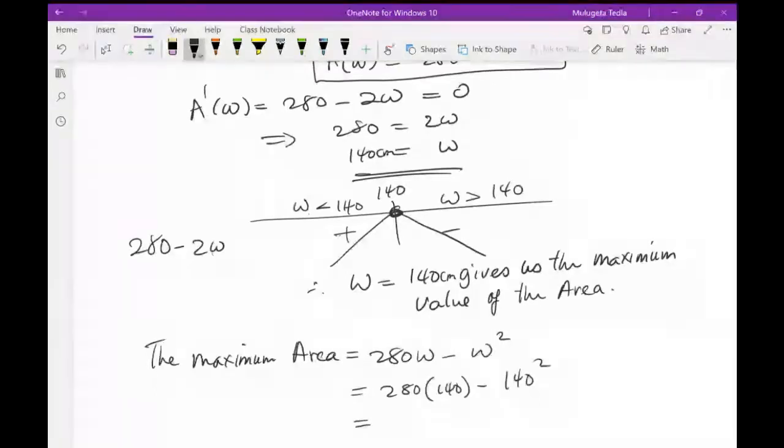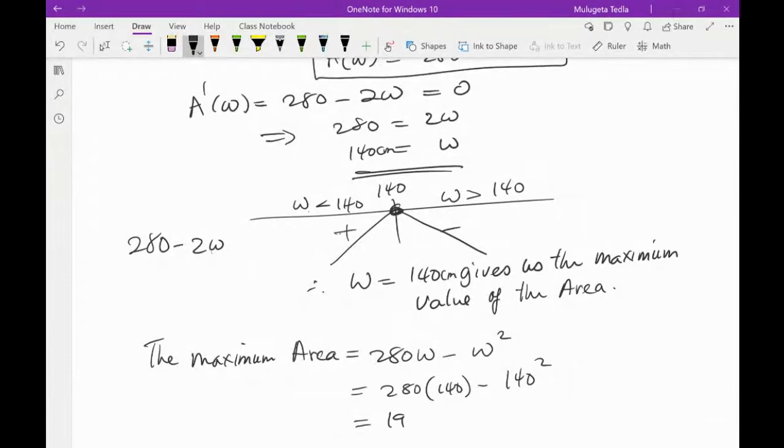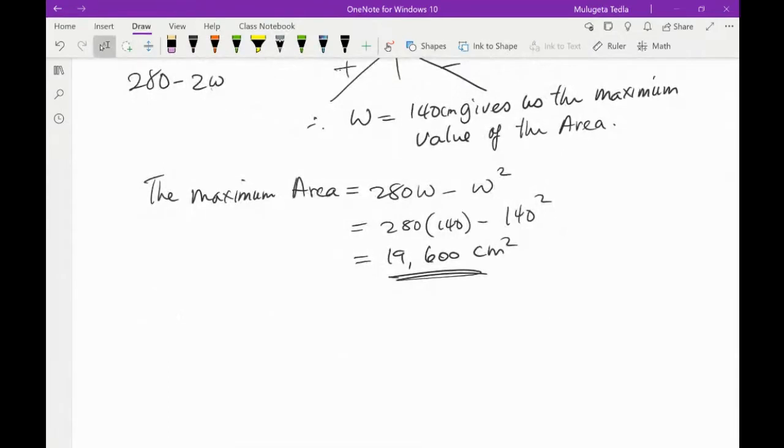And I'm sure we summarize it as 19,600. 19,600 centimeters squared would be the area of the table, the maximum area of the table.